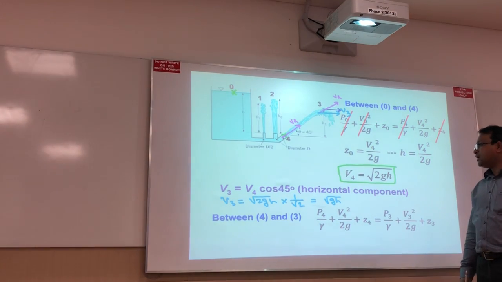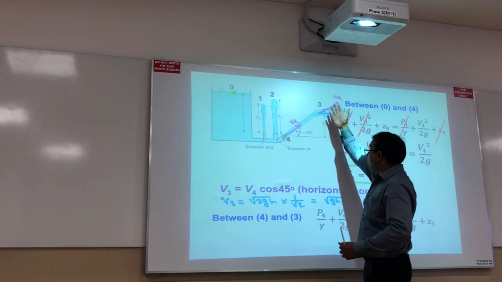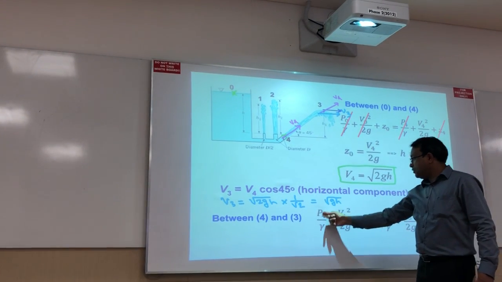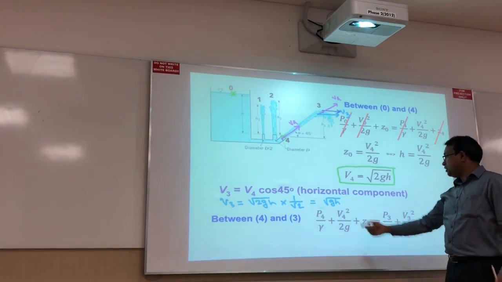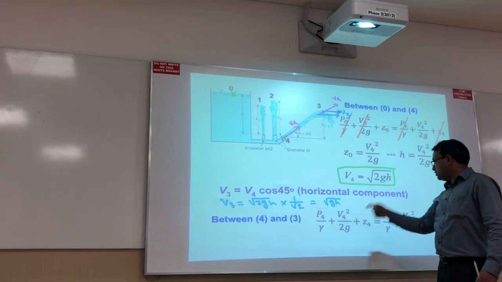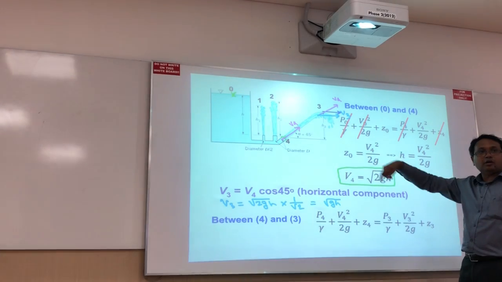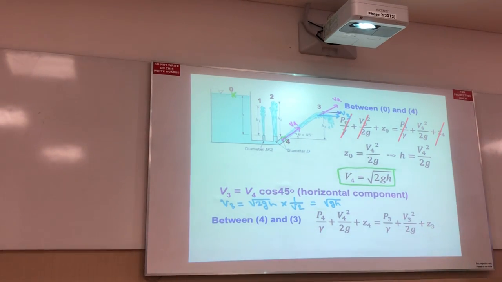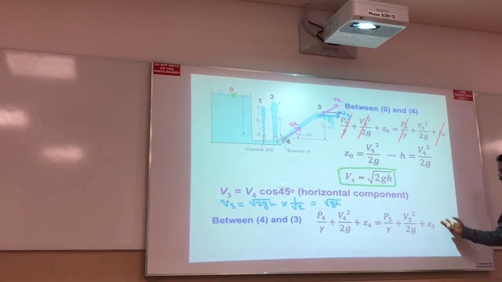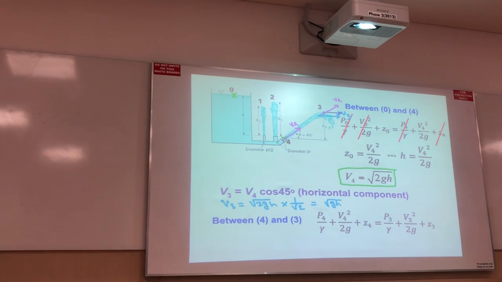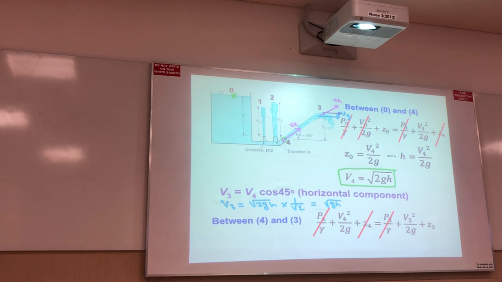Answer. Then between 3 and 4, because I know velocity, P4 and P3 cancel. V4 I know, V3 I know, Z4 is 0, Z3 is H3. Now I am going to substitute the number. I can finally get the value of Z3, which is H3. Alright, now I can show you, I can cancel them, right?